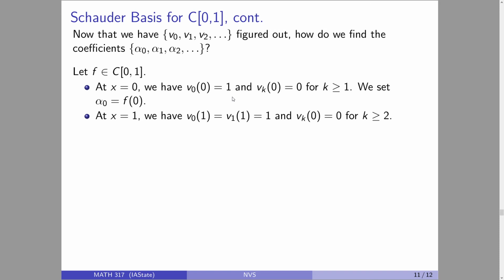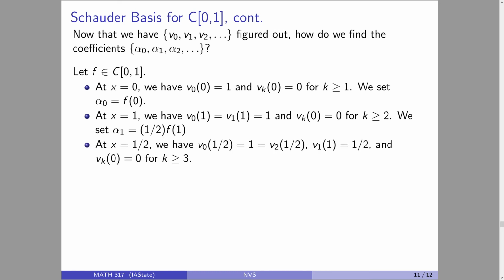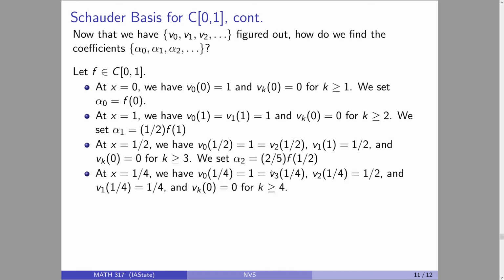All the other ones were constructed to be 0 at these points. And note that if we were to add these up, we'd have 2, so let's divide out by 2. At x equals 1/2, well, 3 of them are non-zero, but all the other ones are chosen to be 0. And the values that we have here for these are 1, 1 and a half. So we've got 5 halves, so that means we need to multiply by 2/5.